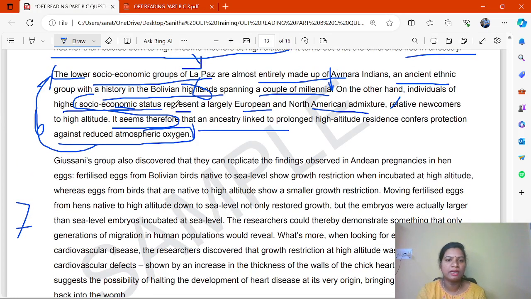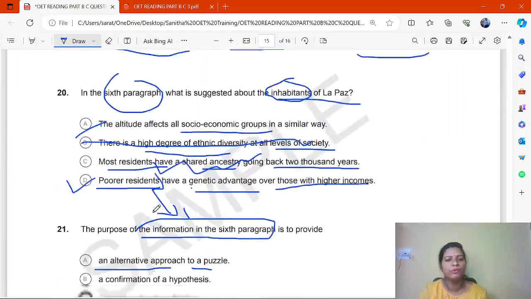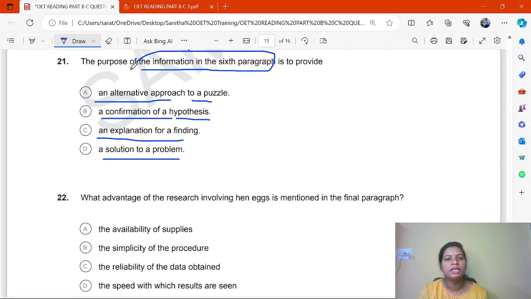We already read this passage. Read once more. The purpose of the information in the sixth paragraph is to provide an alternative approach. What is an alternative approach to solve a problem? It is not discussing any alternative approach to solve a problem.